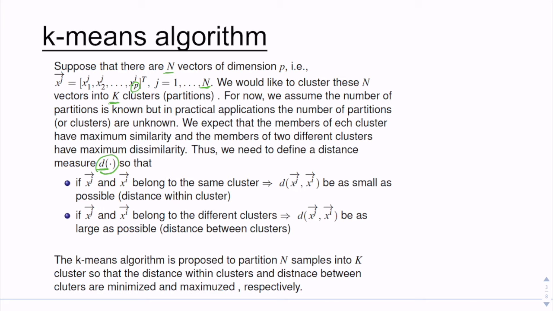K is known, and the goal is that when we set a group of these vectors into one cluster, the distance between these vectors should be as small as possible, and if you pick two samples from two different clusters, the distance between the two vectors should be as high as possible. So based on these two notions, we are now ready to see what steps we need to take to do the k-means algorithm.